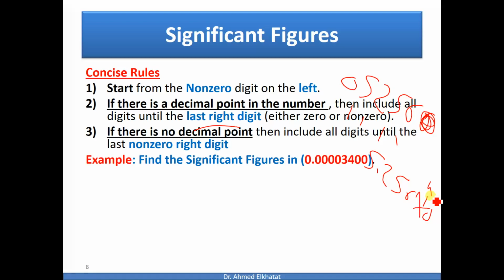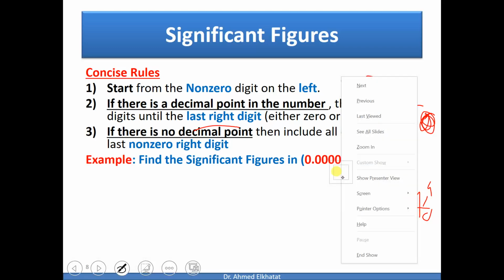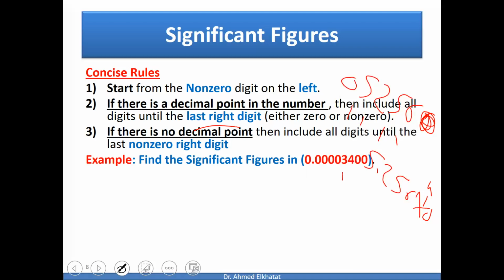For example, find the significant figures for this number. Now we said from the left we should start from non-zero. So this is my first significant figure. And since here I have a decimal, I should count all numbers, 0 or non-zero. So here's 1, 2, 3, 4.